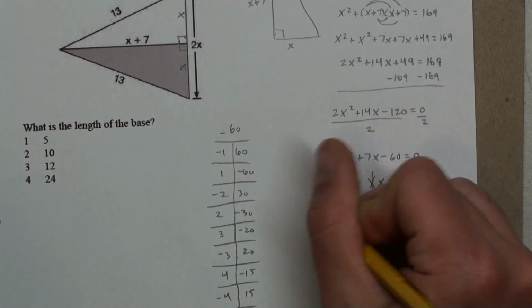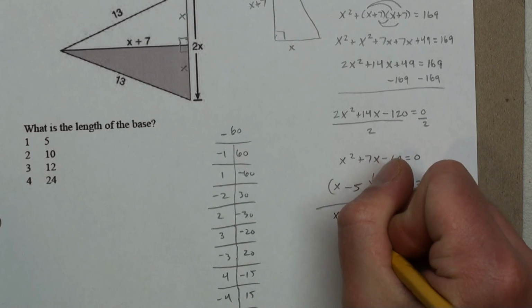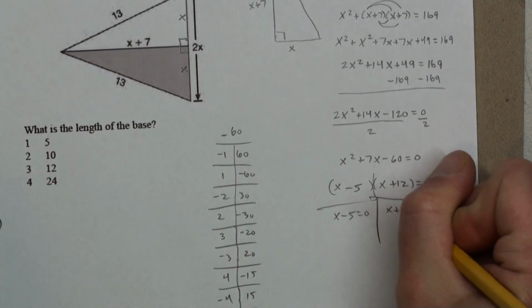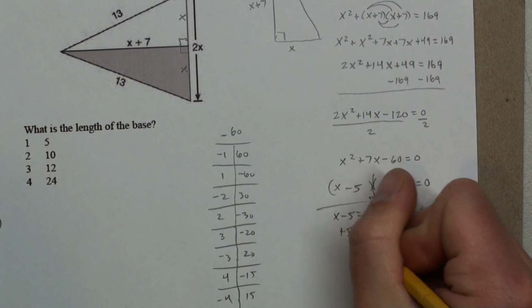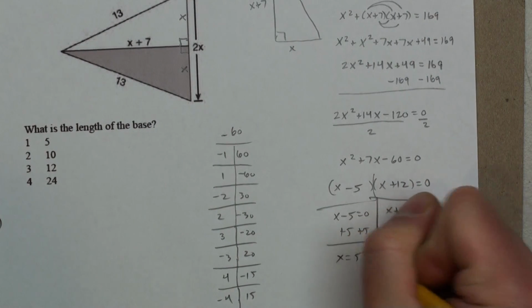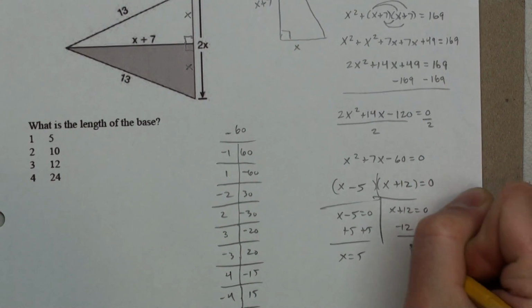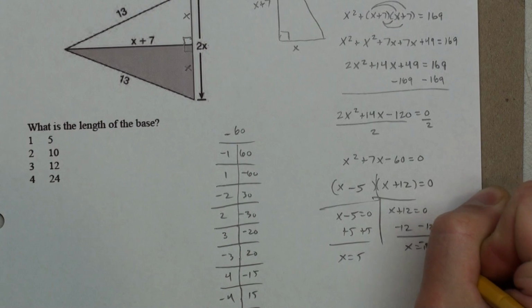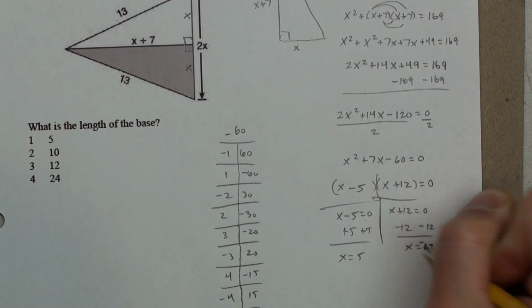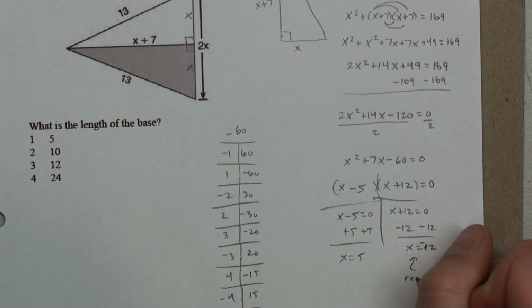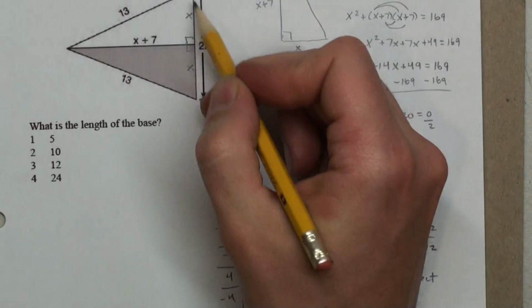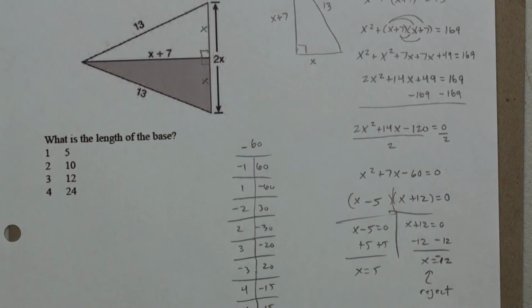Now we solve both of these, set them equal to 0. Add 5, x equals 5, subtract 12, x equals negative 12. But you can't have a negative length of a side, right? That doesn't make sense.